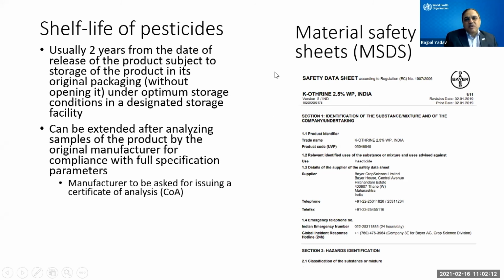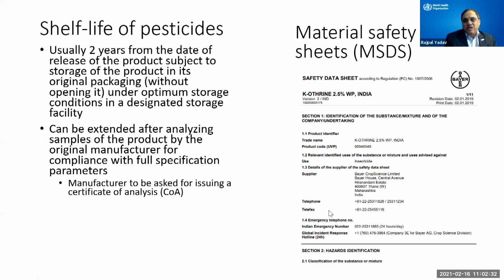Then every product that is supplied also comes with a material safety data sheet. Basically, the data sheet tells you about the formulation name, the formulation percentage, the formulation type, and different other parameters, including where to contact in case there was an event of toxicity in the field.